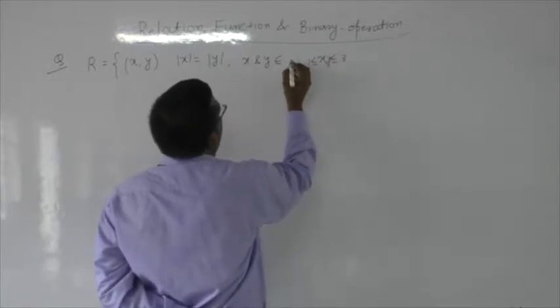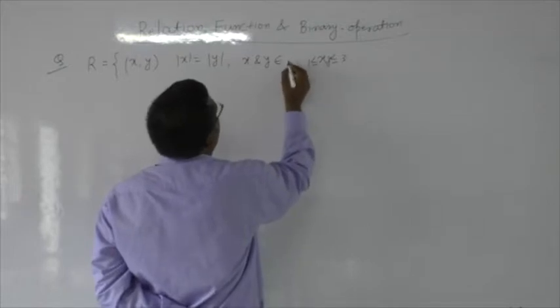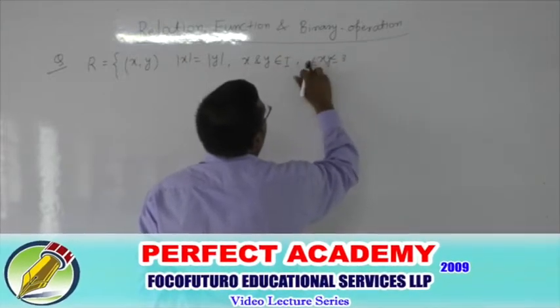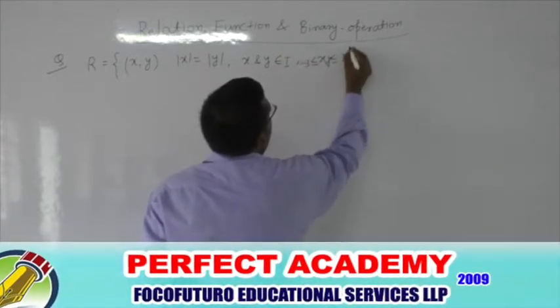Let me take it as all integers, and here I want to take minus 3.